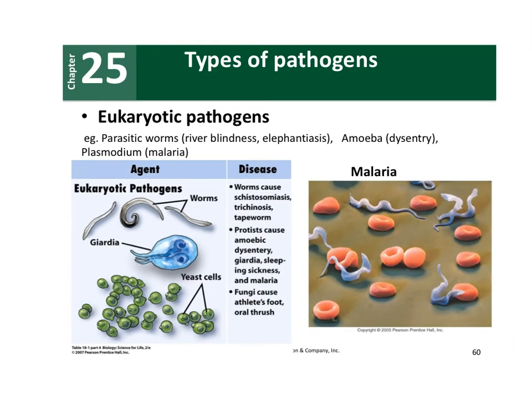So here are some different eukaryotic pathogens. We've got some eukaryotic worms that are multicellular, like river blindness, elephantiasis, leishmaniasis.